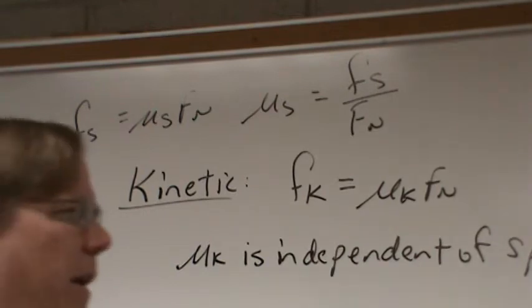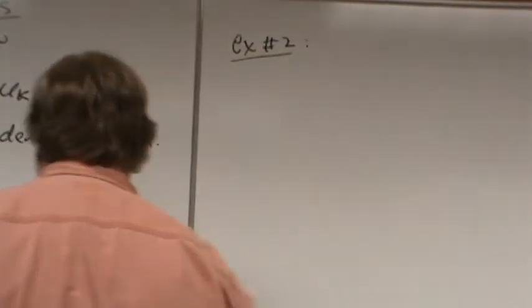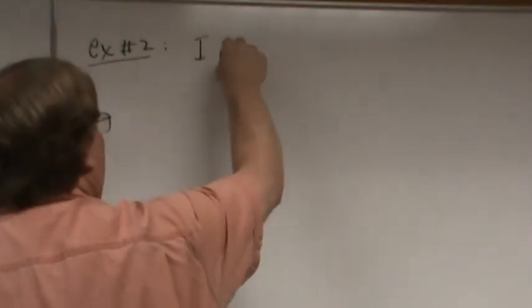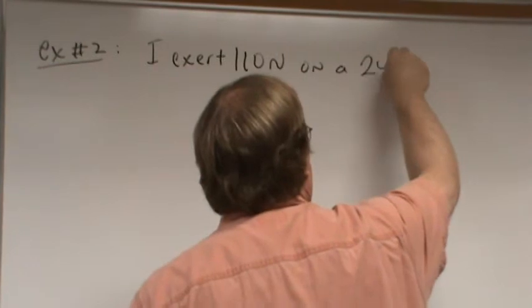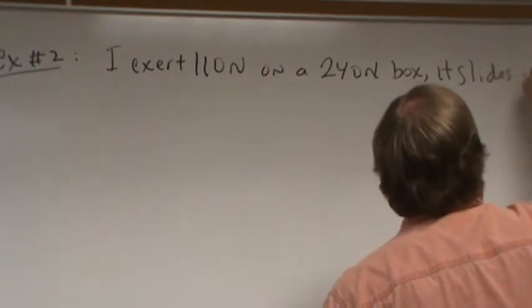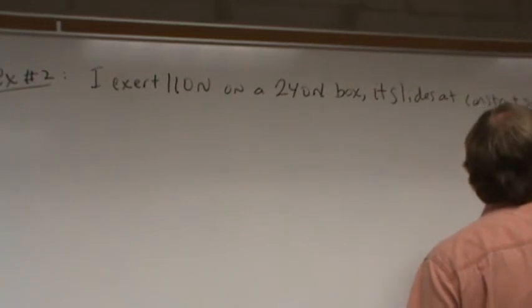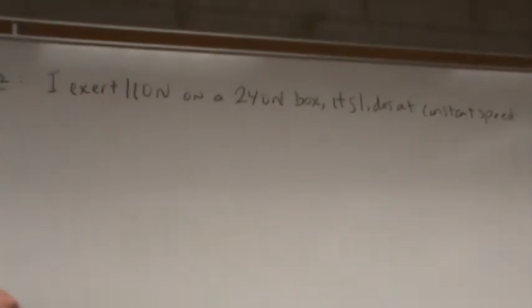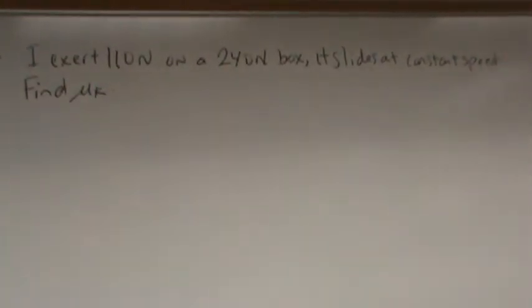Alrighty, well hey, let's do another example. Example number 2. I exert 110 newtons on a 240 newton box. It slides at a constant speed. Find mu sub k. Good luck with that. I'll give you a hint.